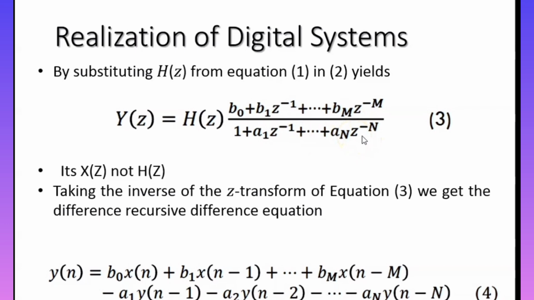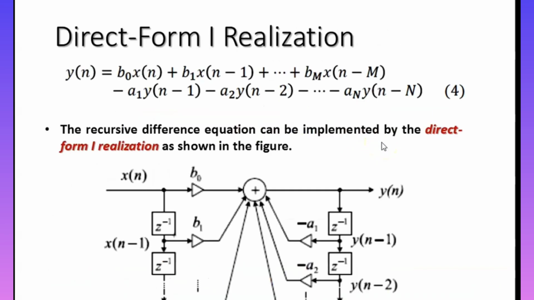The numerator coefficients are called zeros, and the denominator coefficients are called poles. The coefficients of x(n) are the zeros, and the second part is the poles.